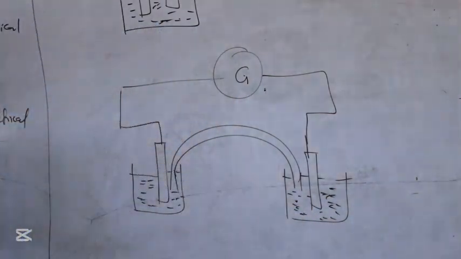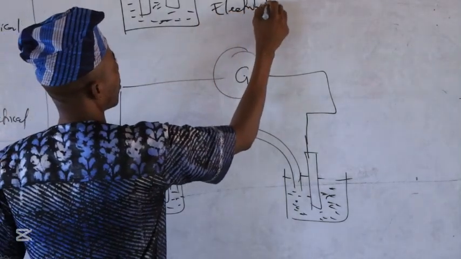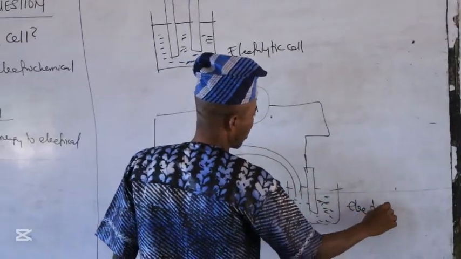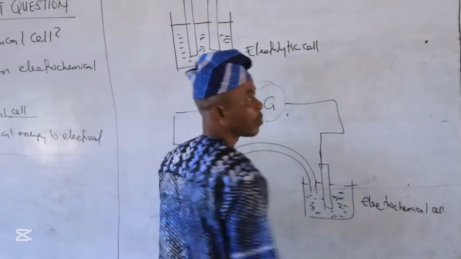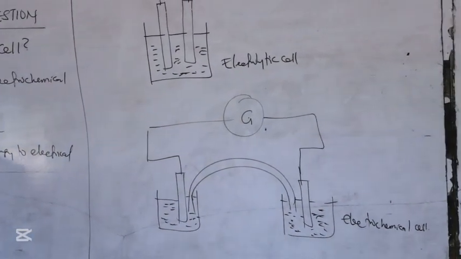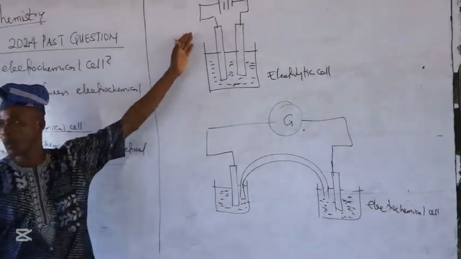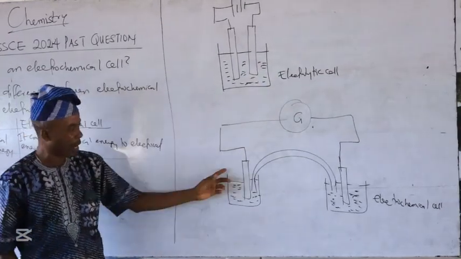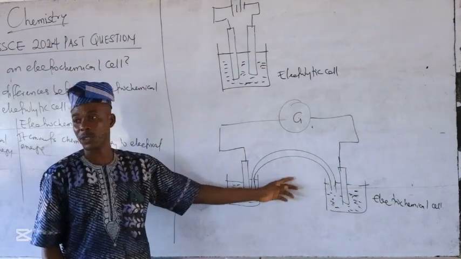You can see the structure: electrolytic cell, electrochemical. You can see the two as we have. This represents electrolytic structure. We have electrodes, then we have electrolytes here. We have electrodes, then we have electrolytes, then we have the salt bridge.